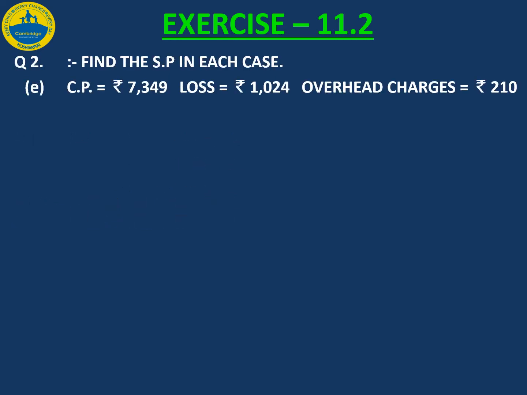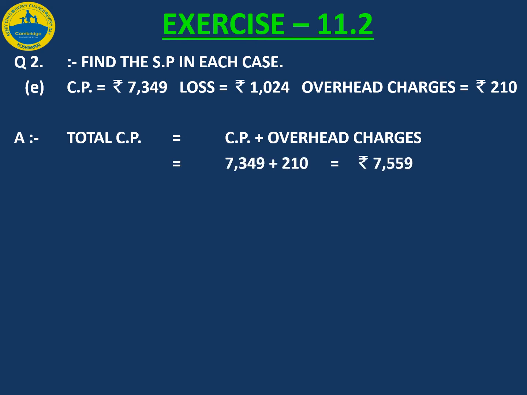Question number 2, E part. Cost price is equal to rupees 7,349. Loss is equal to rupees 1,024 and overhead charges is equal to rupees 210. So total cost price will be cost price plus overhead charges, 7,349 plus 210.